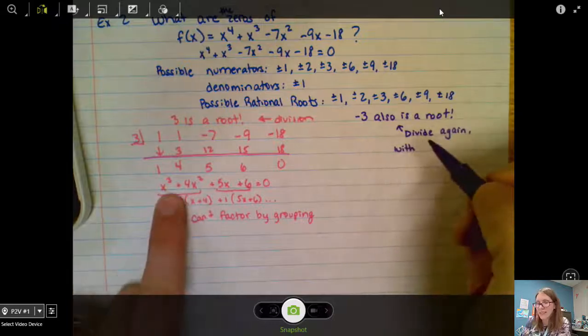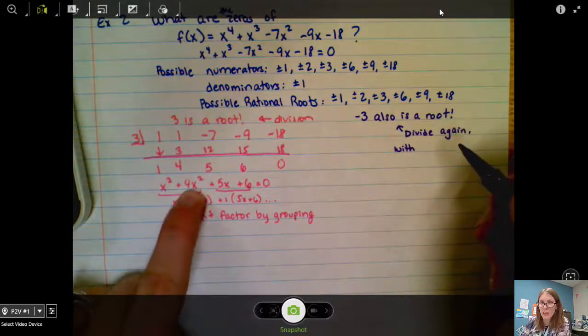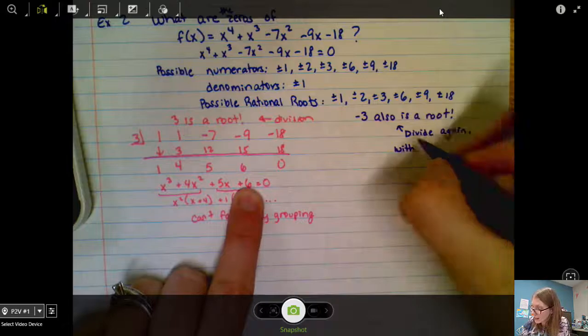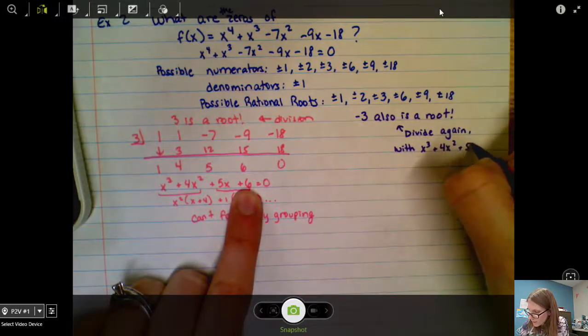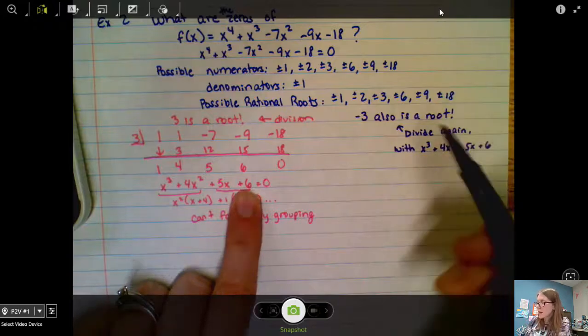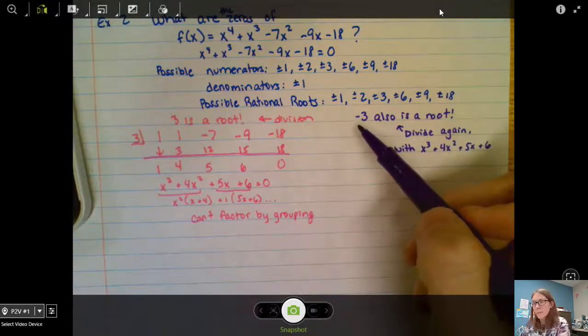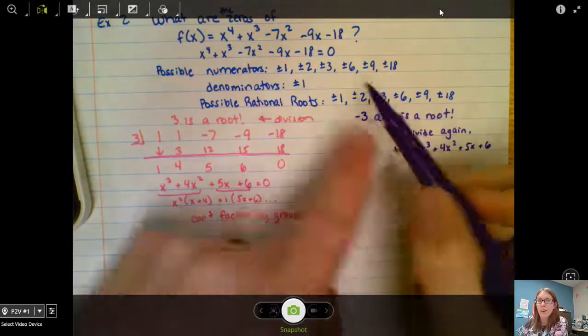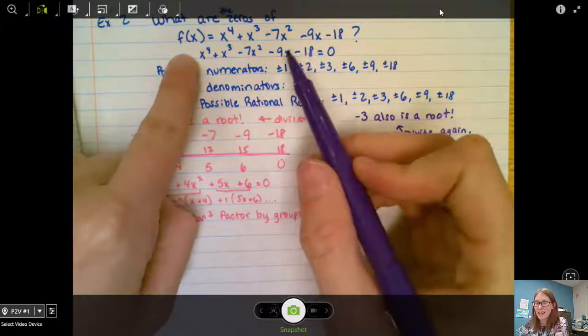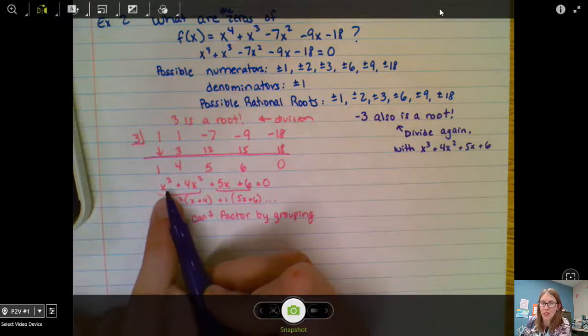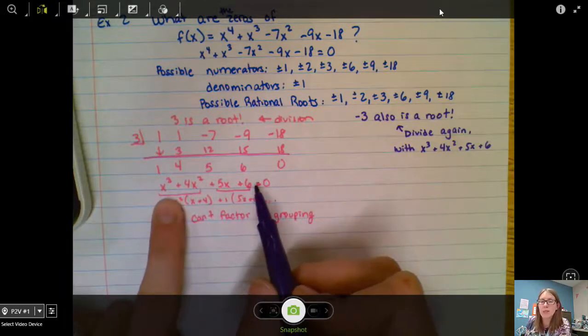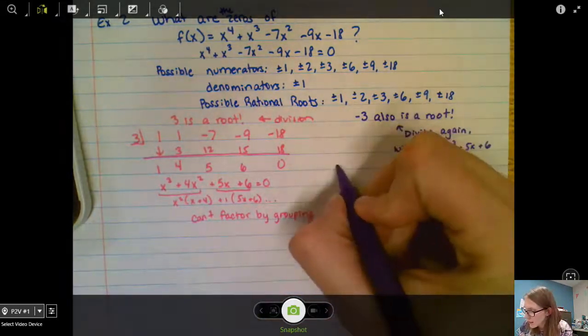With our x cubed plus 4x squared plus 5x plus 6. Okay, because if -3 is a root for our whole long equation here, that means -3 also has to be a root with what we have here, the x cubed plus 4x squared plus 5x plus 6. So we do our synthetic division again.